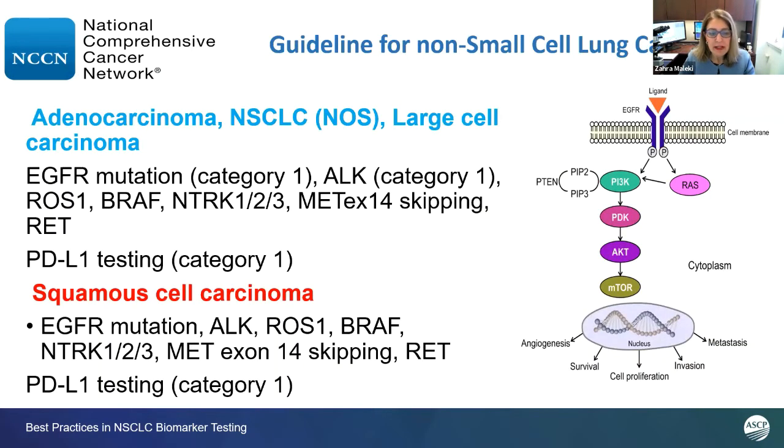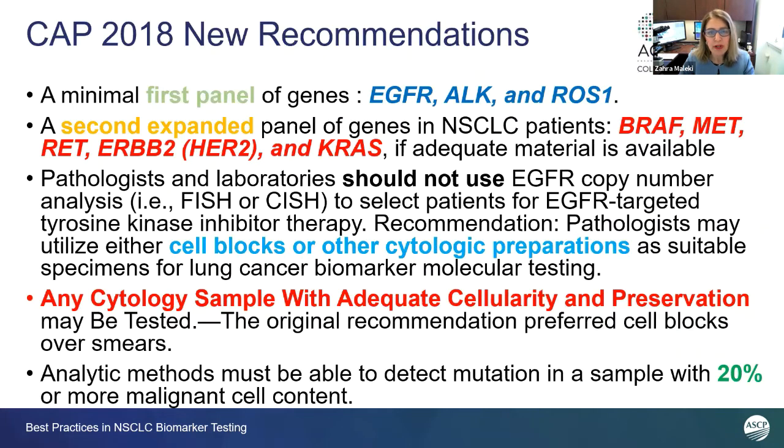Now, in terms of category, we mentioned category 1 and category 2. Moreover, as Dr. Yarmus mentioned, different societies and different institutions are all engaged and involved with the management, treatment, and specimen processing for non-small cell lung cancers, including the College of American Pathologists.